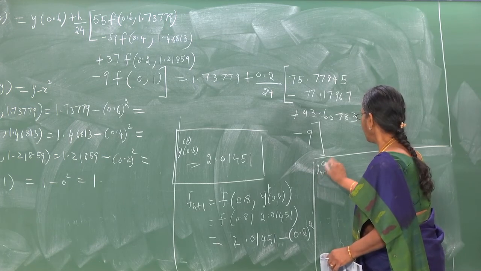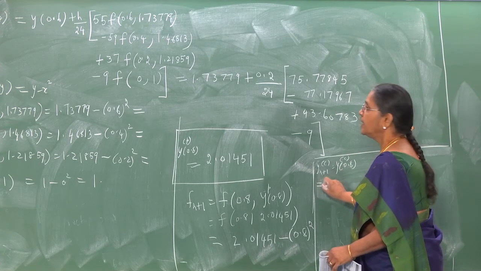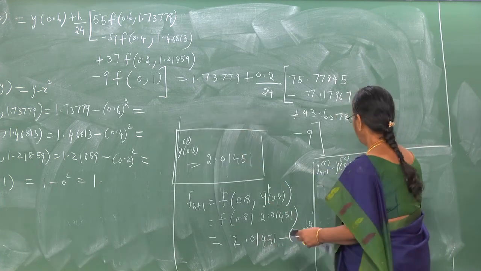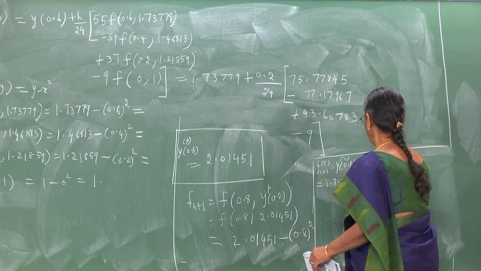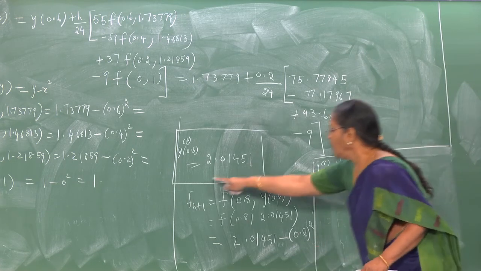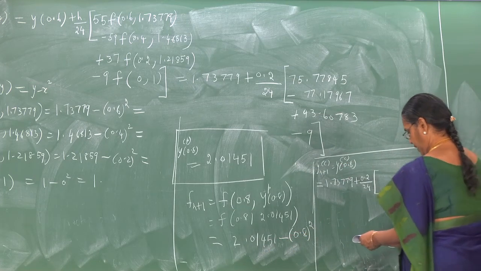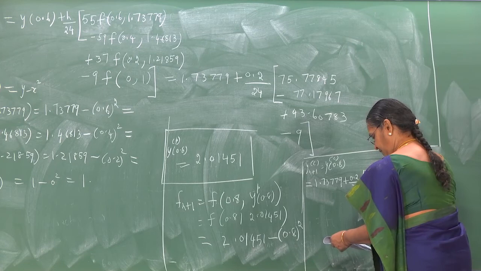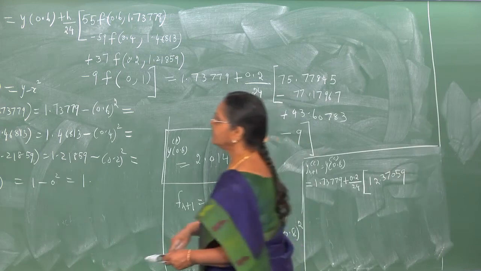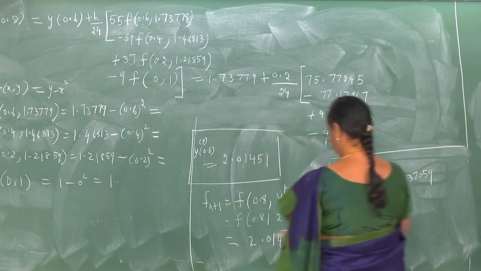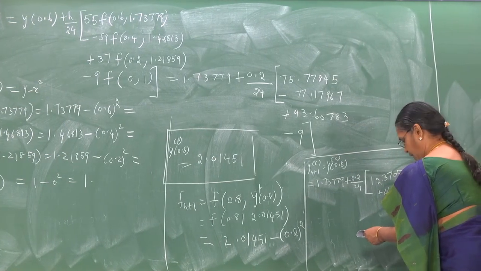So, yn plus 1 corrected is y of 0.8 corrected value, and that is equal to yn, which is 1.73779 plus 0.2 by 24 into fn plus 1, which is this, and that turns out to be 12.37059. Then the next term is 19 times fn, which is 26.17801.